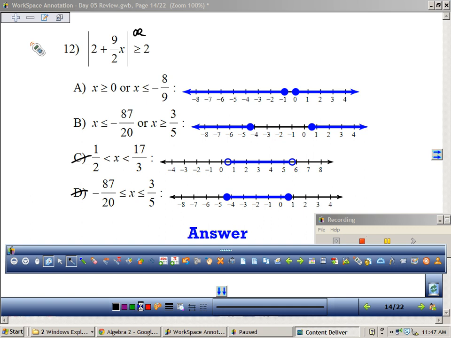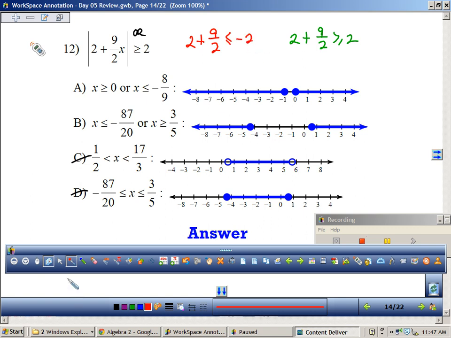Rewrite in the positive and the negative direction? So what would I rewrite in the positive direction? 2 plus 9 over 2 x is greater than or equal to 2. And in the negative direction? 2 plus 9 over 2 x is less than or equal to negative 2.